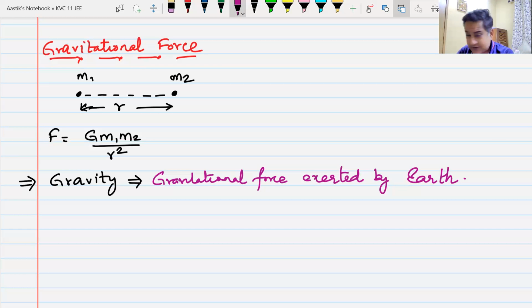Now, this gravitational force varies with height, with distance, everything else. But for our discussion, whenever we do any problem, we'll always take this gravitational force.